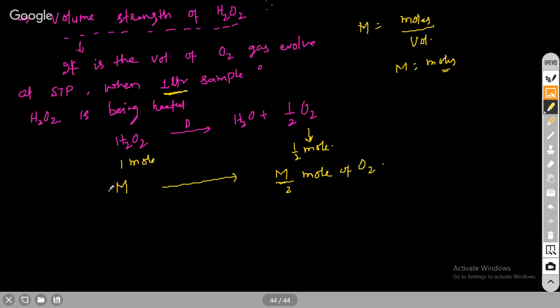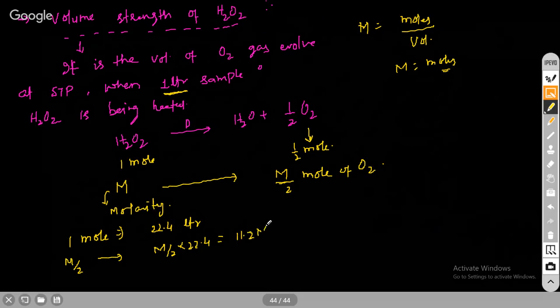You must write down, M is the molarity. Now 1 mole at STP occupies 22.4 liter volume. So M by 2 mole occupies M by 2 into 22.4, so we can write 11.2 M.